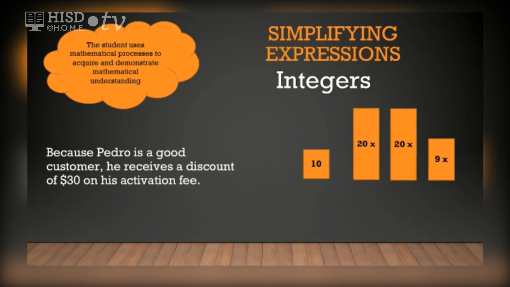So now in order for us to simplify, we just have to get all these positive tens and negative tens out of the way. So that means that if I have $40 and I get a discount of 30, I'm only gonna pay 10. So now my new expression after the simplification is going to be $10 in constant and $49 per month in variables.